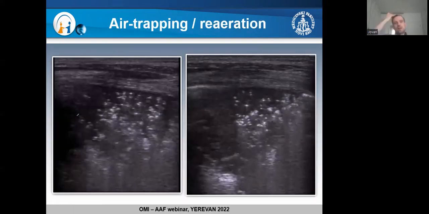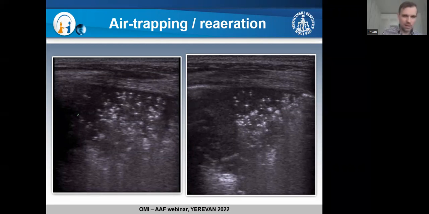Then you can see within the consolidations those small hyperechogenic foci. Look at it, a number of them, and they can be a sign of air trapping, but you will also see those small hyperechogenic foci when there is a re-aeration of the lung.